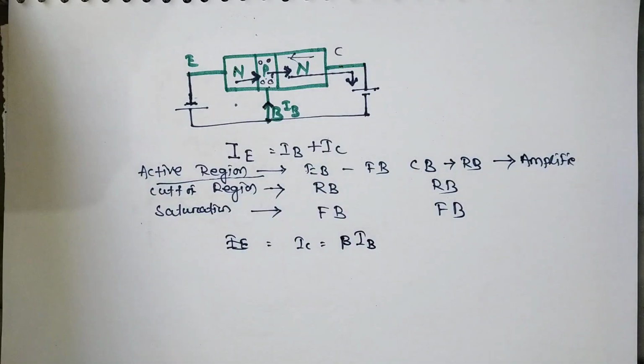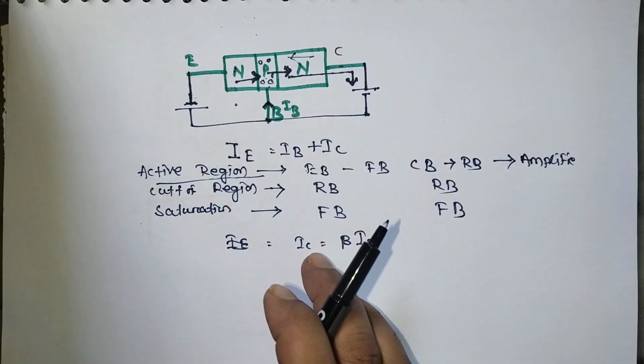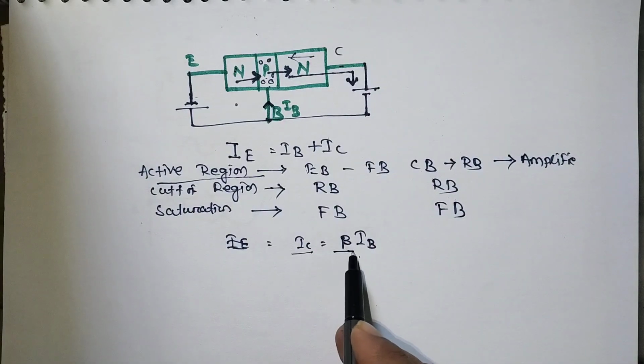Suppose we give a small amount of base current, it will amplify to a large amount of current with the gain factor beta.